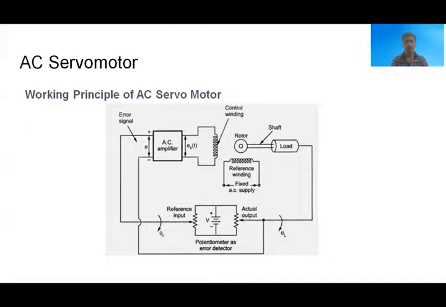When the error signal is positive, the rotor will keep on rotating and reach its desired position. When the error signal is negative, it rotates in the opposite direction. So this control takes place until the error signal is equal to 0. This is the basic principle of AC servo motor.